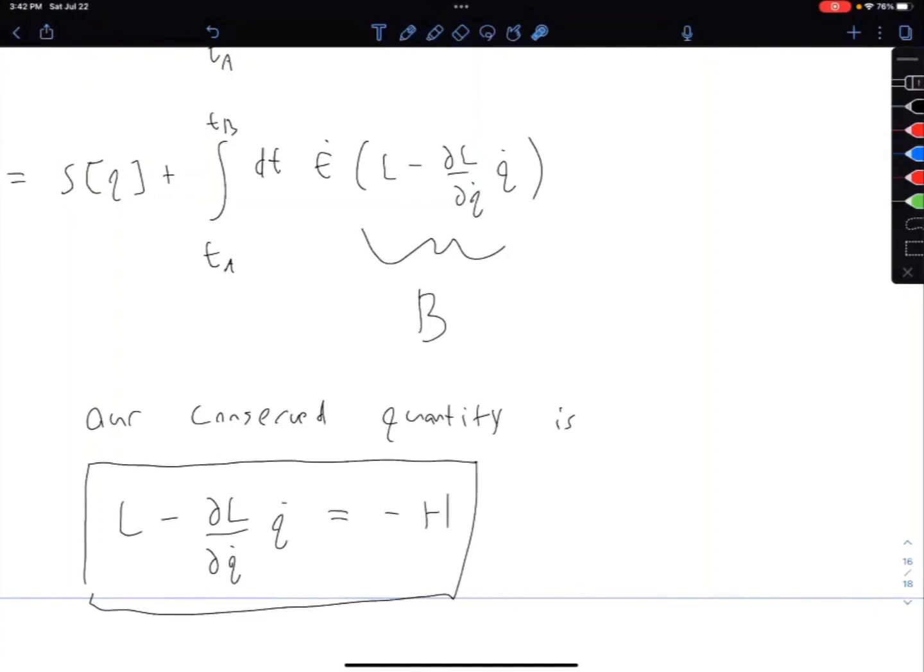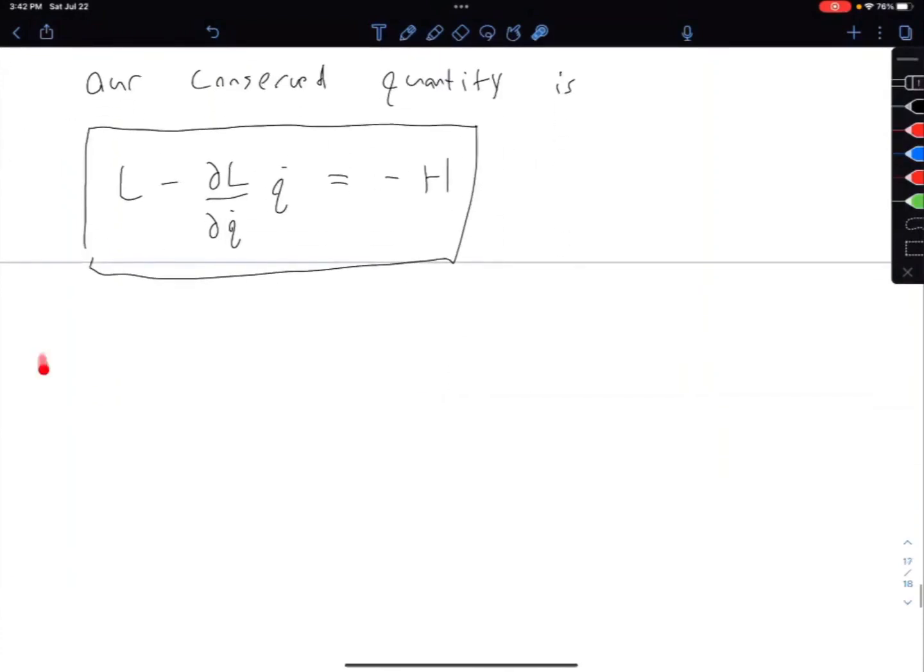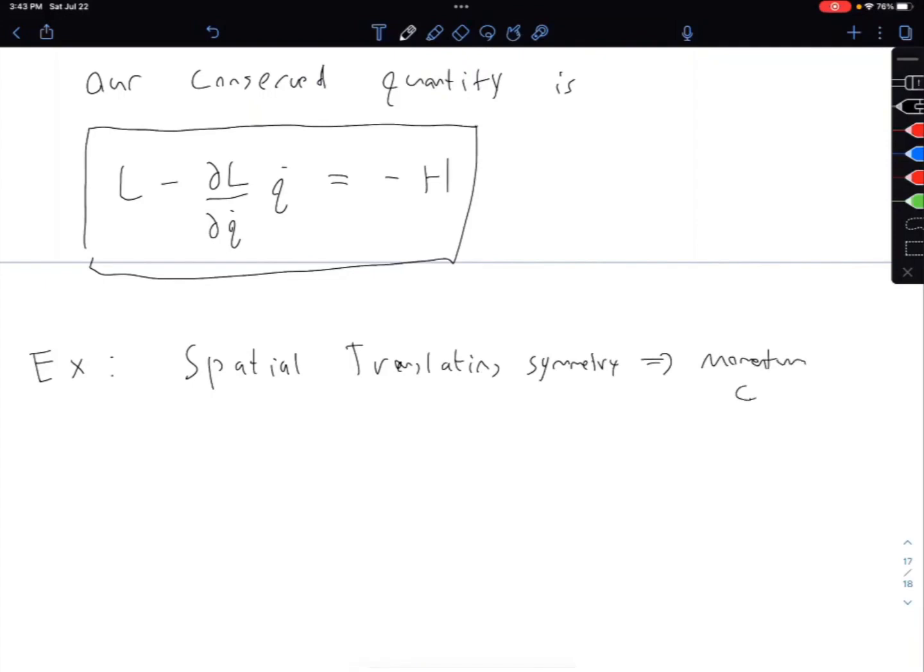Okay. So let's do one more example, which is going to show us how even more broad Noether's theorem is than you might have thought. So our next task is to investigate spatial translations.